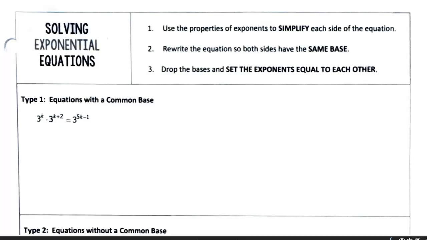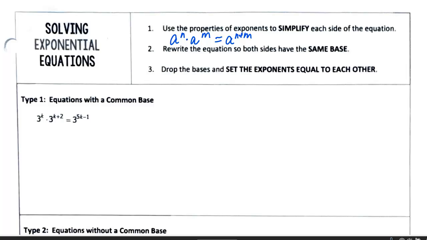You want to get one single number raised to an exponent equal to one single number raised to an exponent, and hopefully that number is the same number. We're going to use the product rule a lot, or the power rule. The product rule states that if you have the same base, which is why we're trying to get the same number, raised to different exponents, we add those exponents together.